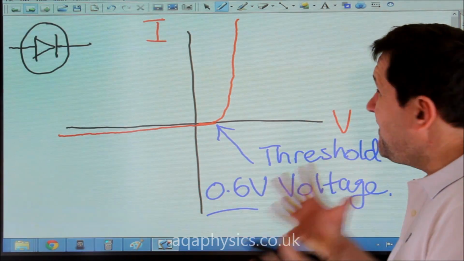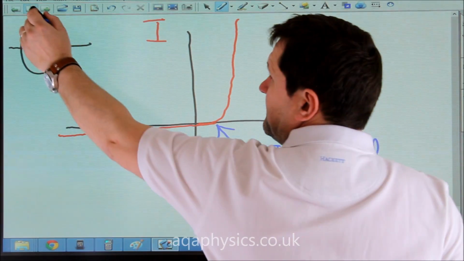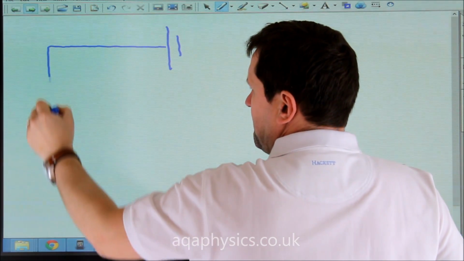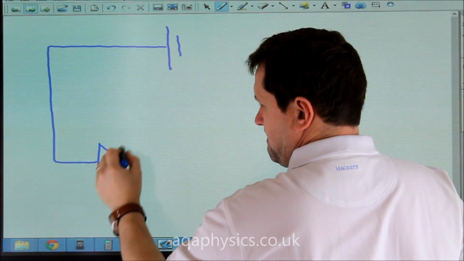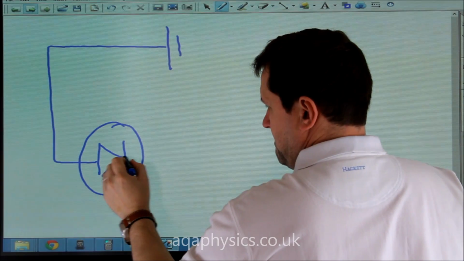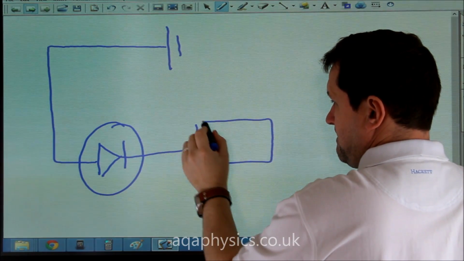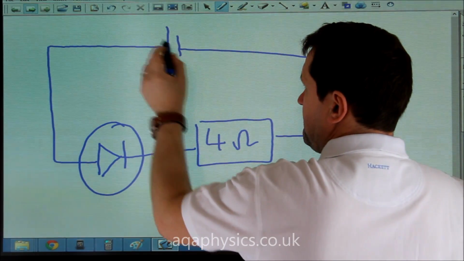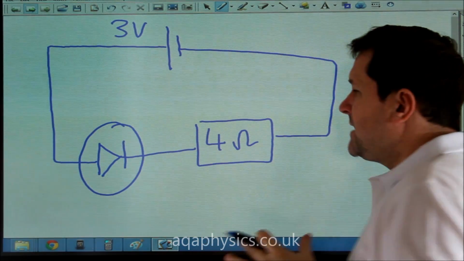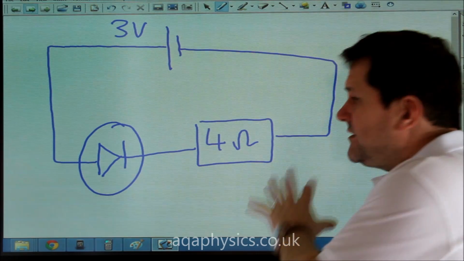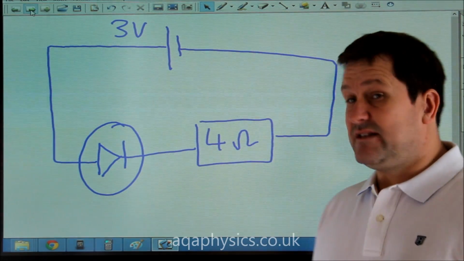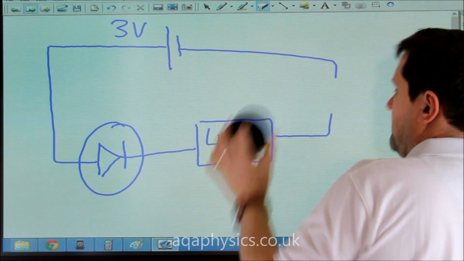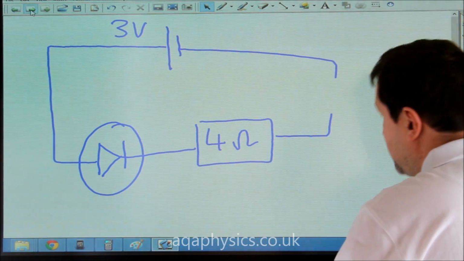So an example, a very simple example might be this. Now normally, this is a very, very straightforward series circuit problem, and if somebody said, what is the current in this circuit?